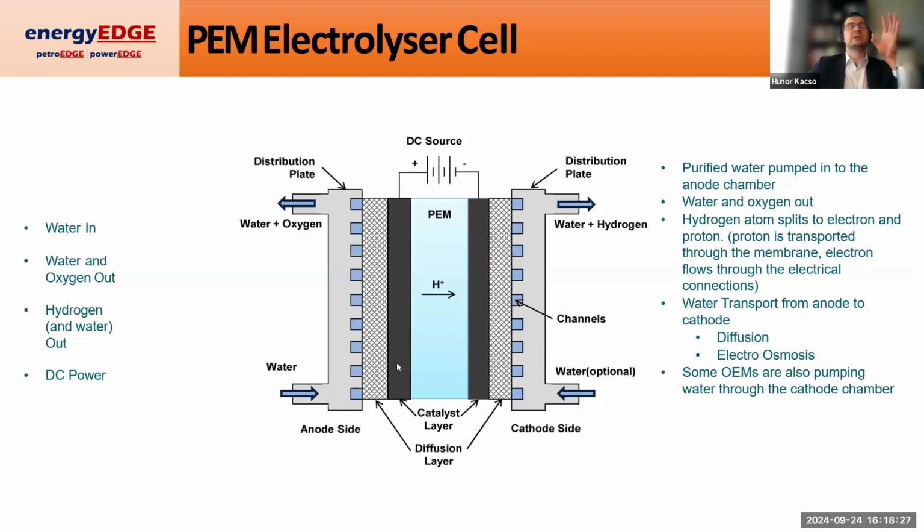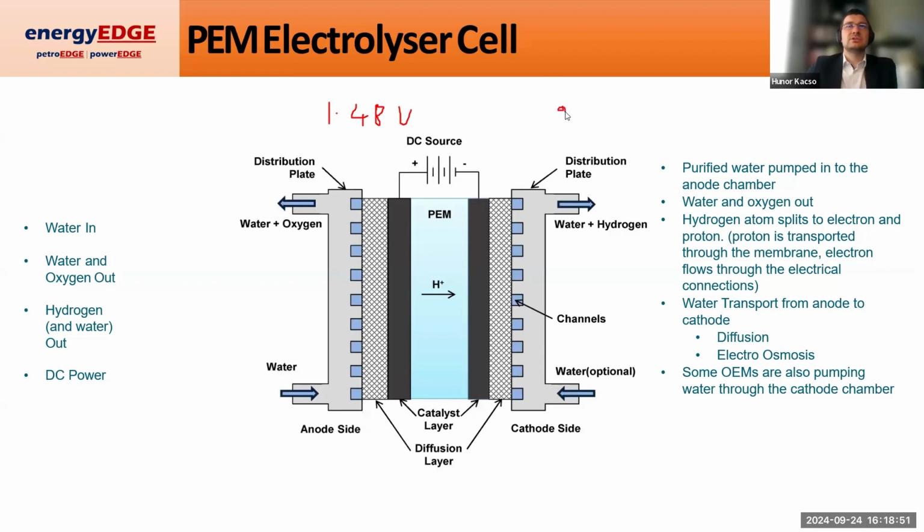So once we apply the DC power and we reach the minimum voltage, called the threshold voltage, which is 1.48 volts, of course, something very interesting will start to happen.